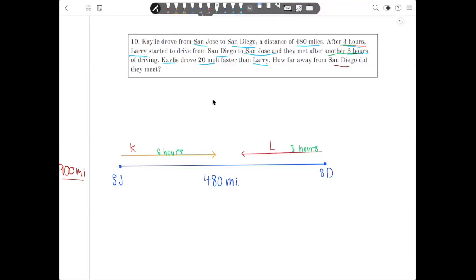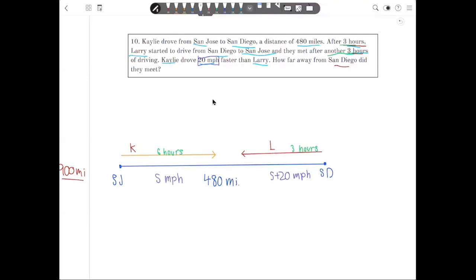And how fast are they going? Well, we don't actually know, so we can use variables. Kaylee is going at some speed S miles per hour. And that means Larry, since he drives 20 slower, is going at S minus 20.